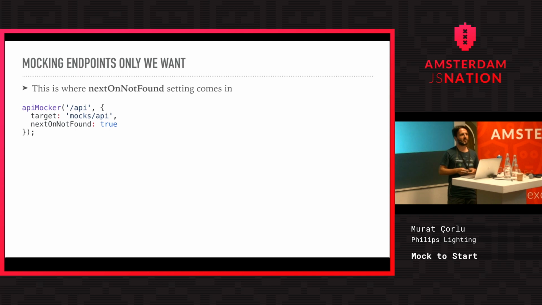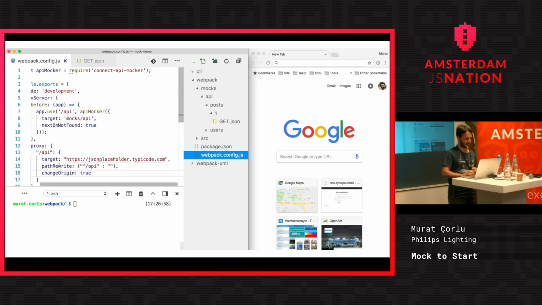This is very powerful if you have a proxy definition, because with a proxy definition like this example, which is part of a Webpack dev server, we want to mock some endpoints, but for the endpoints we don't want to mock, we are just passing requests to our real API, and that response will come from our real API.